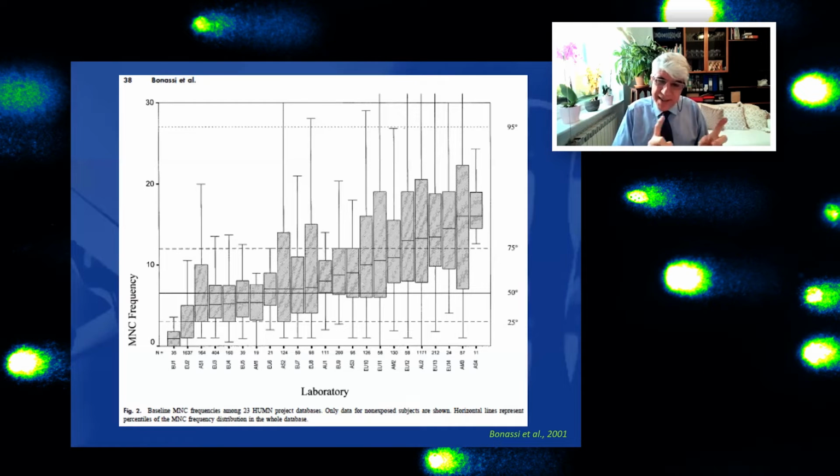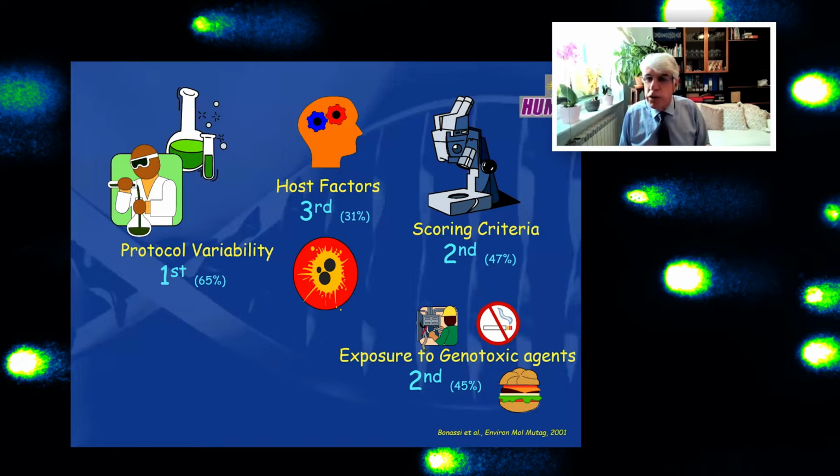And in that project, we tried to estimate the contribution of different features of the analysis to the final variability. In the end it was quite clear that protocol variability was responsible for a large part of general variability. The same for scoring criteria. And then there were also exposure and host factors, which are the kind of variability that you are expecting.